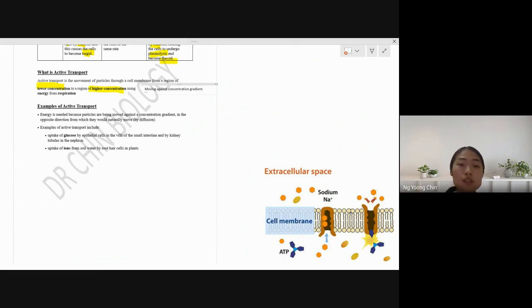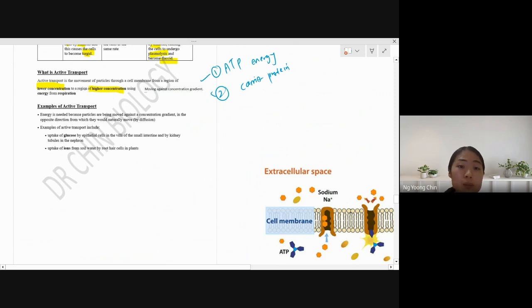So remember that active transport occurs in two conditions only: you must have the ATP energy, and secondly, you must have the carrier proteins. Together with these two conditions, with the concentration gradient, active transport is able to occur.